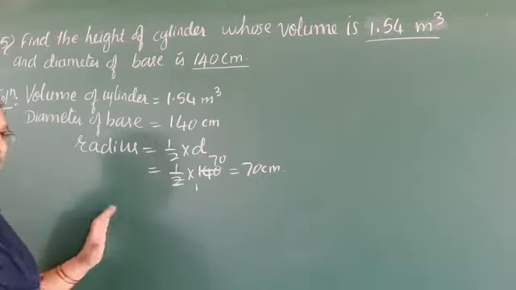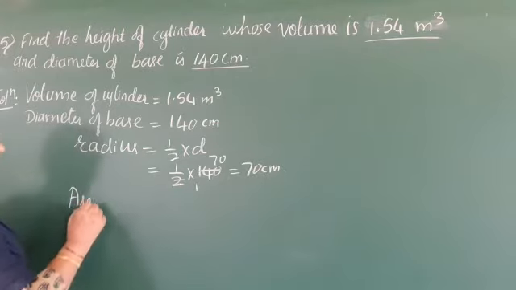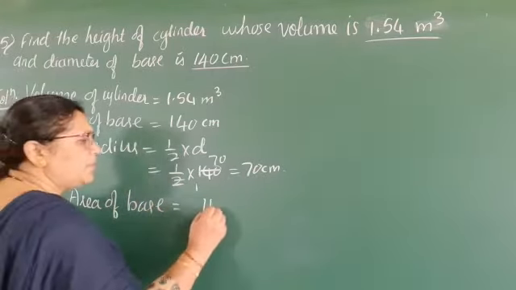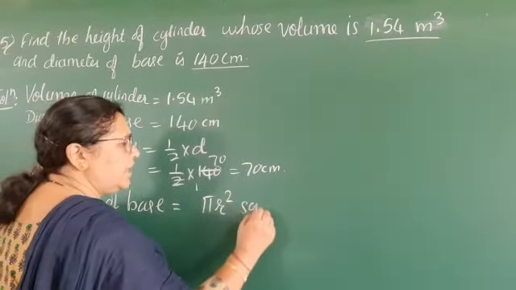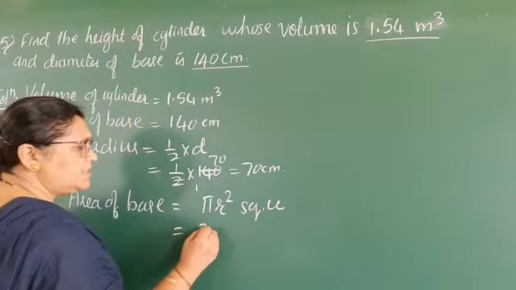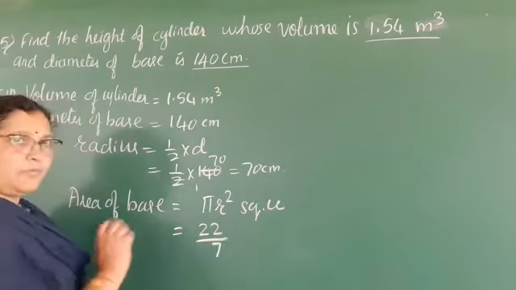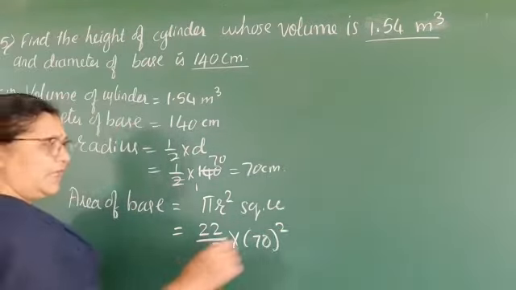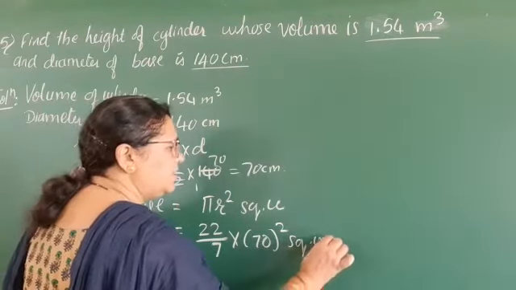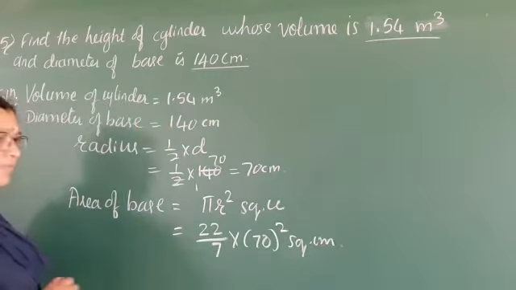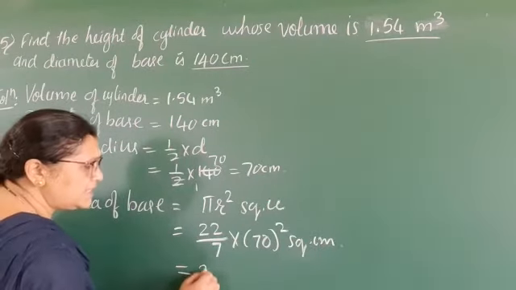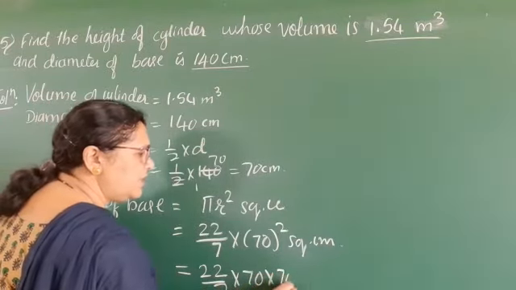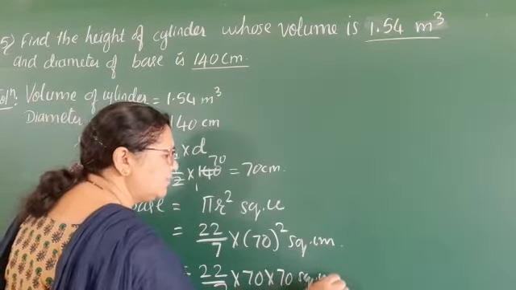Then we'll find the area of the base. Area of base is equal to pi r square units, where the value of pi is 22/7 and r square is 70 square centimeters. So here we can write it as 22/7 into 70 square centimeters.